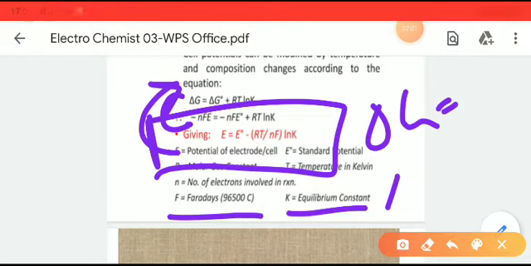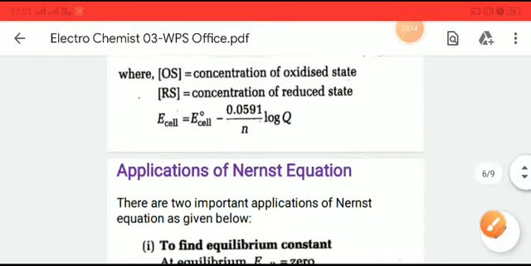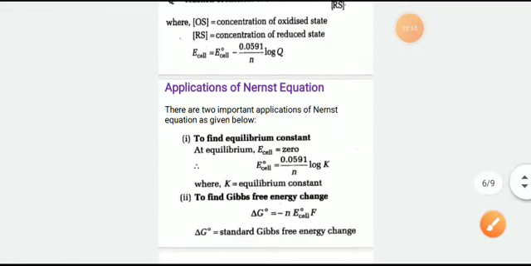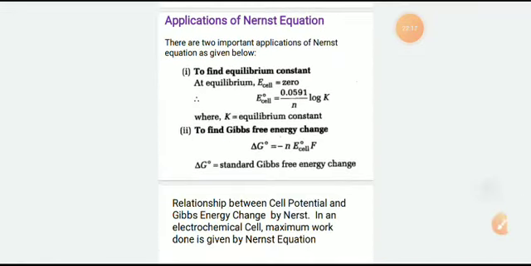So we have now discussed the electrochemical series and its applications, and the next topic was the Nernst equation as well as its applications, and the relationship between free energy, the Nernst equation and the ΔE values, that is the E cell values, as well as the spontaneity.